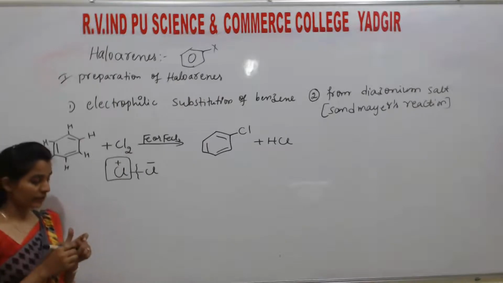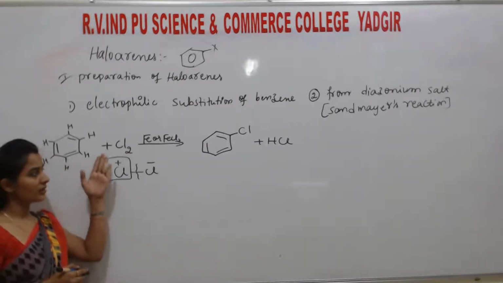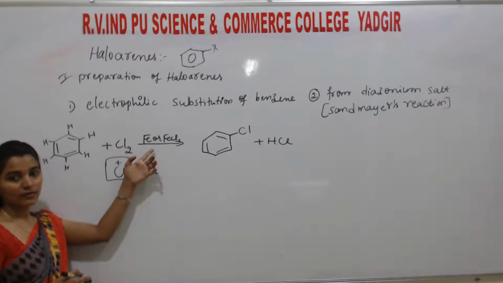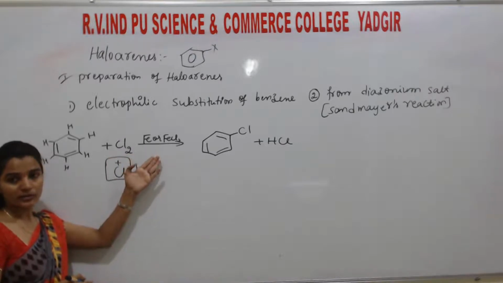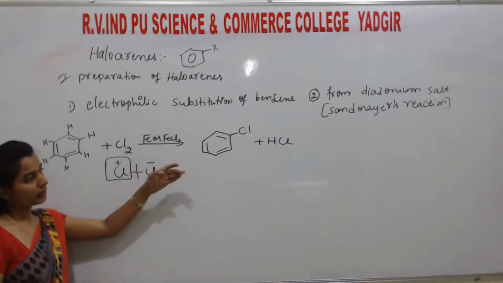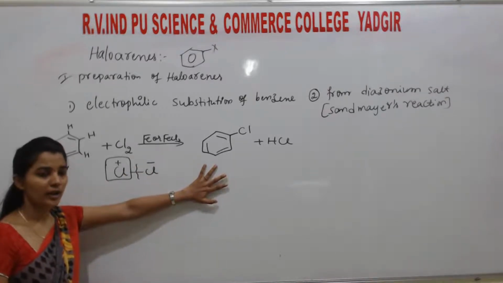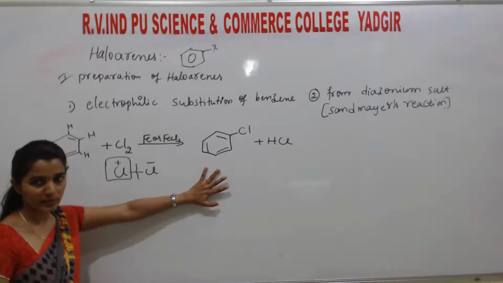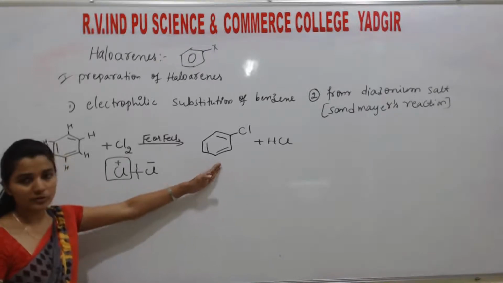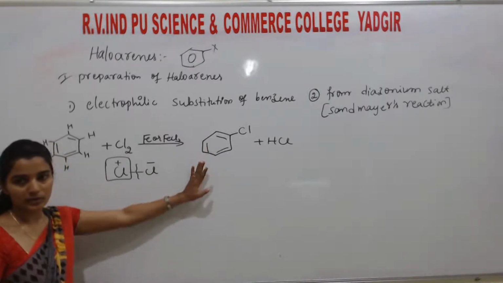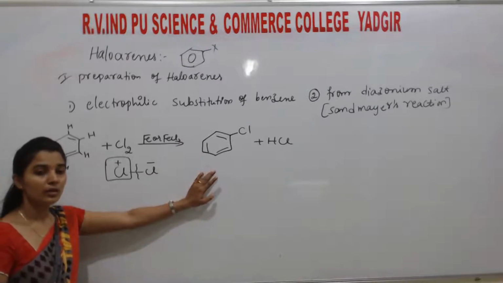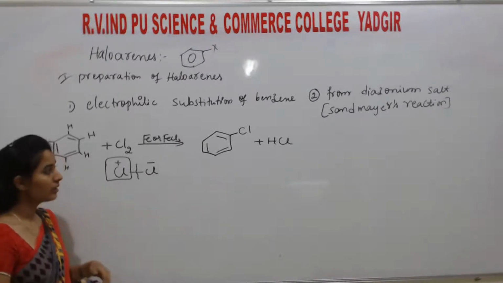Understand? So if you want to write the explanation: benzene reacts with chlorine in presence of a halogen carrier. Then it forms chlorobenzene. Nomenclature I already explained, so I will not explain it again. This is monosubstituted benzene, that is chlorobenzene. We need not mention position here. Understand?